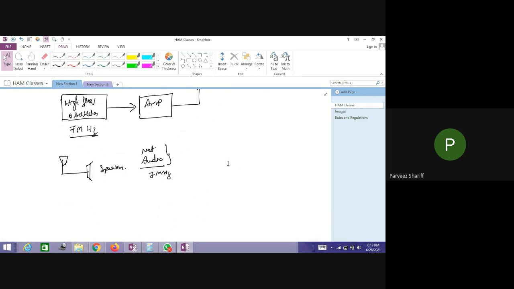But audio range, we will say it as 20 hertz to 20 kilohertz. So even if the speaker plays this sound, we cannot hear it, because our ears cannot recognize that.